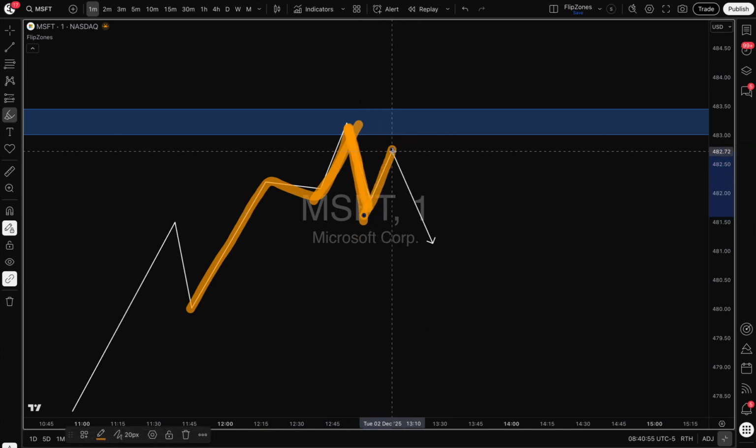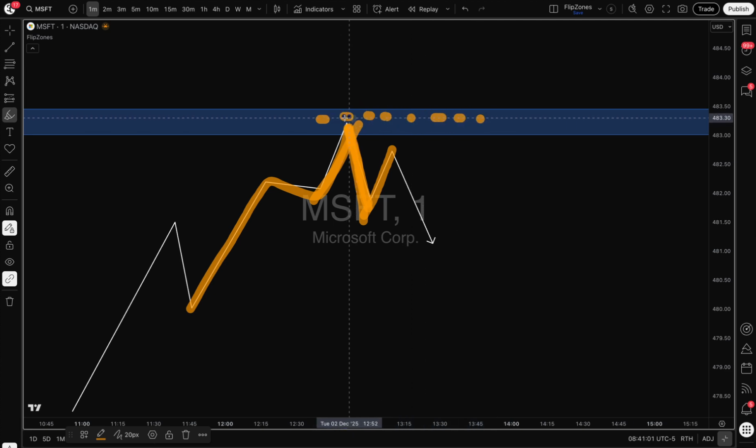Now this move higher should not exceed the highs up here. This is the temporary high. This is the first time that we hit the flip zone, or rather our demand supply zone, our resistance zone up here. So the attempt to move higher should not break above these short-term highs.